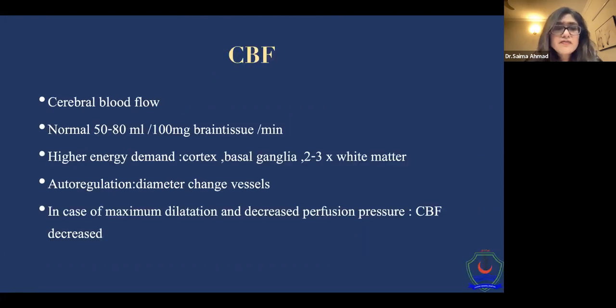Now, the CBF is the cerebral blood flow. It's normally 50 to 80 ml per 100 gram of brain tissue per minute. In the cortex and the basal ganglia the demand is always higher, and it is usually controlled by autoregulation. In the case of maximum dilatation due to autoregulation, there is decreased perfusion pressure and cerebral blood flow is decreased.